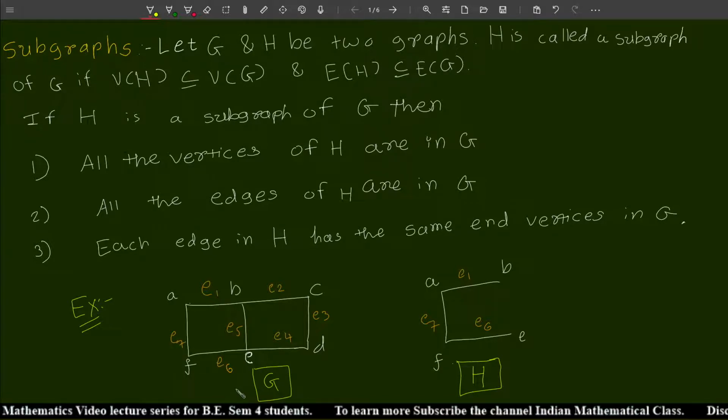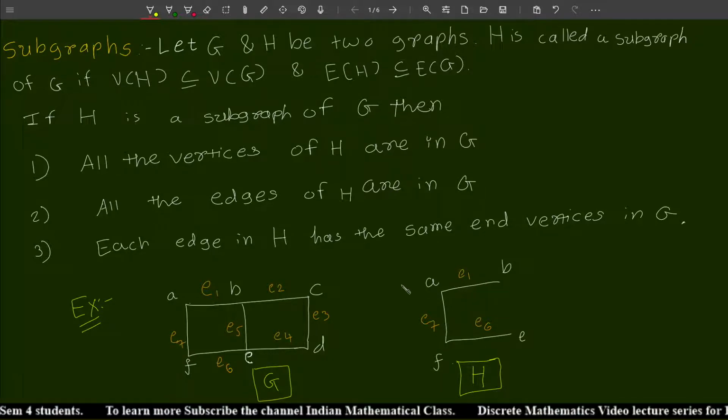I have considered the graphs G and H as shown in the figure. The vertex set of G is A, B, C, D, E and F. The edge set of G is E1, E2, E3, E4, E5, E6 and E7. The vertex set of H is A, B, E, F and the edge set of H is E1, E6 and E7.